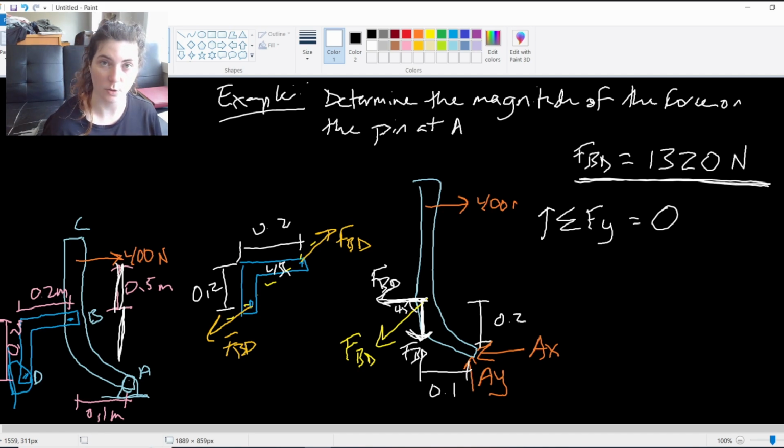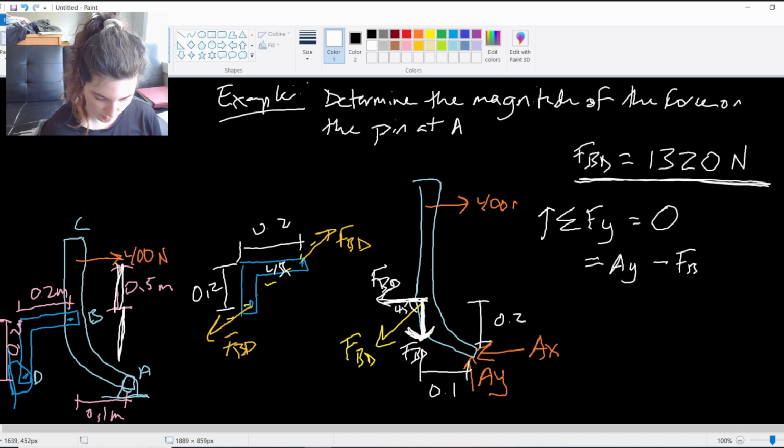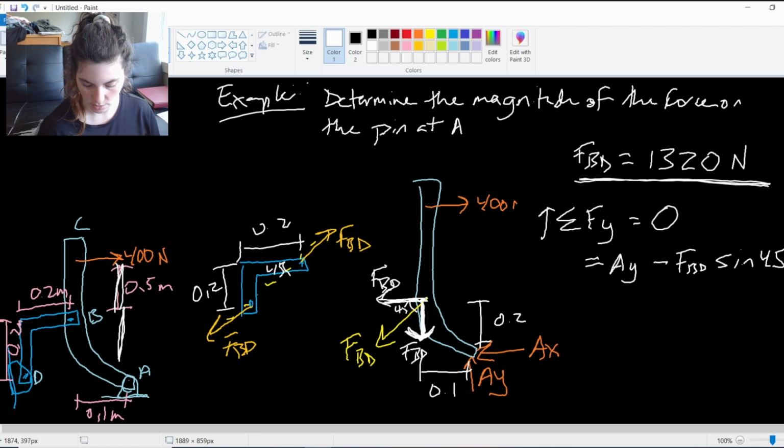The sum of our forces in the Y direction equals 0, which is going to be our AY minus this FBD Y component, minus FBD sine 45. So I know FBD, it's 1320.